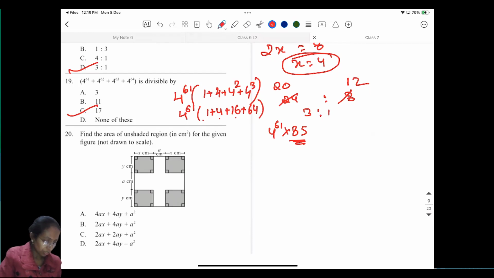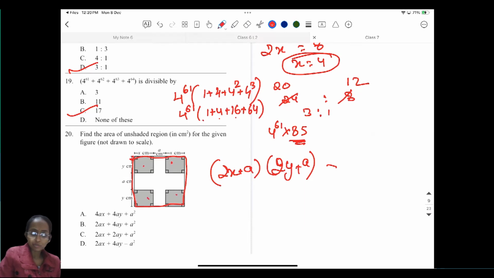See, what we can do is first find the whole area of the rectangle, the big one, that is this whole rectangle, where the length is 2x plus a and the breadth is 2y plus a. This is the area of the total rectangle minus 4 smaller rectangles which are the shaded ones.